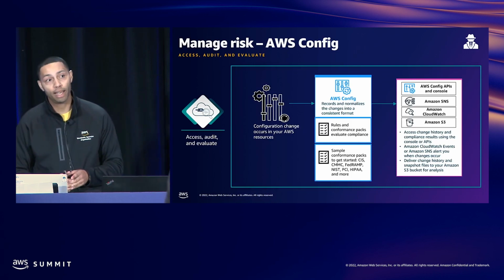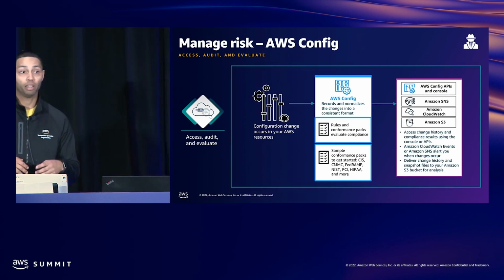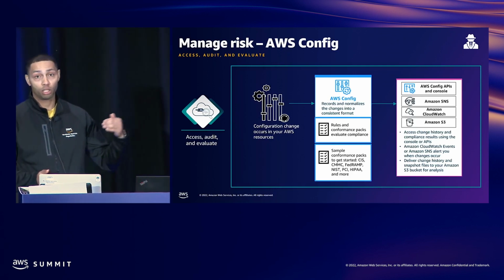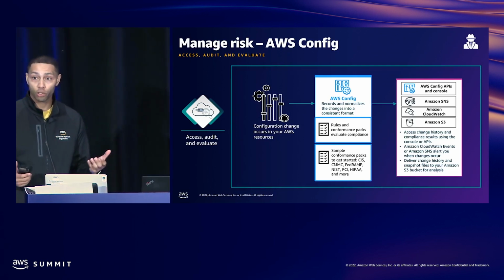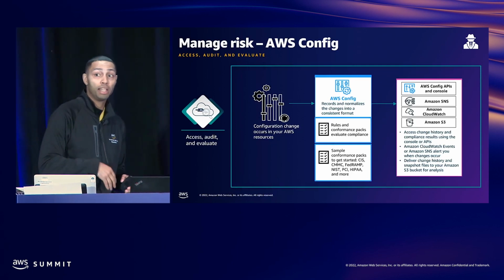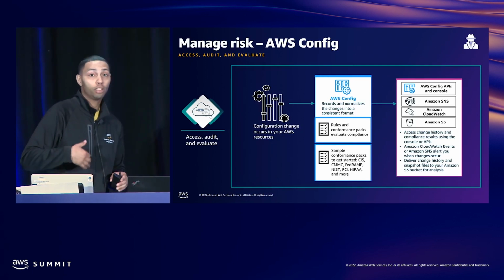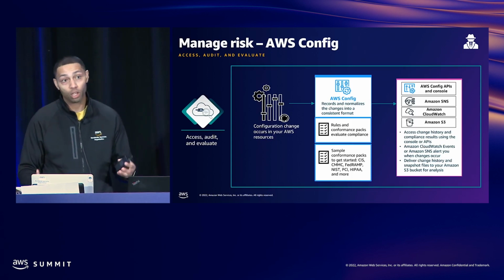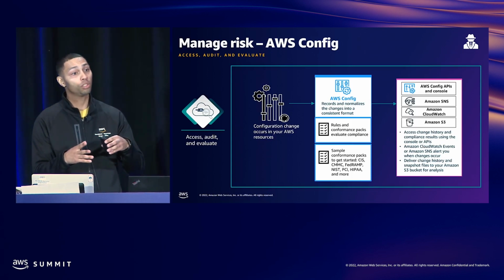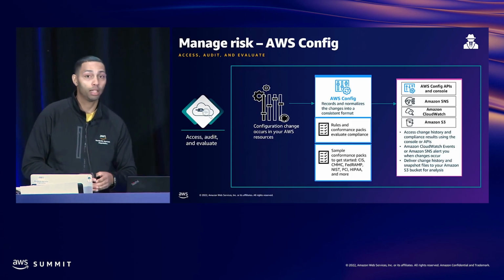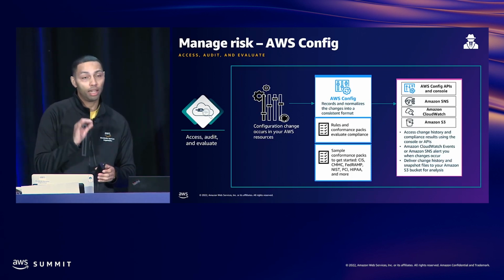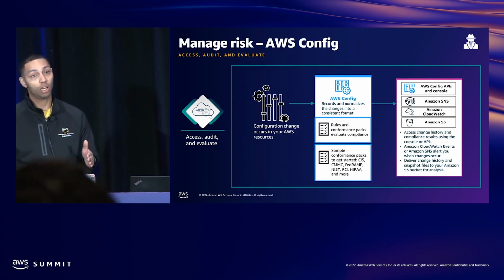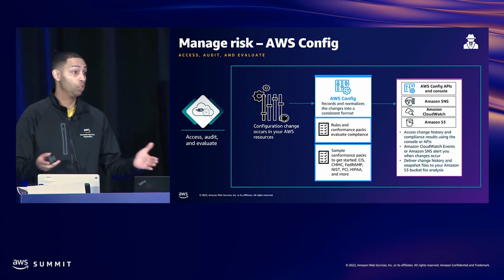What Config actually does is it records the configuration state of the resources in your environment, and then through the use of Config rules or the concept of conformance packs, which is a bundle of Config rules to meet a compliance framework, it is going to evaluate your resources based on the desired configuration you have.